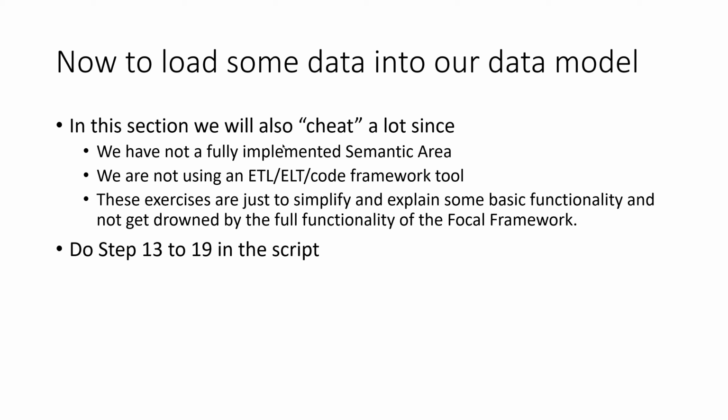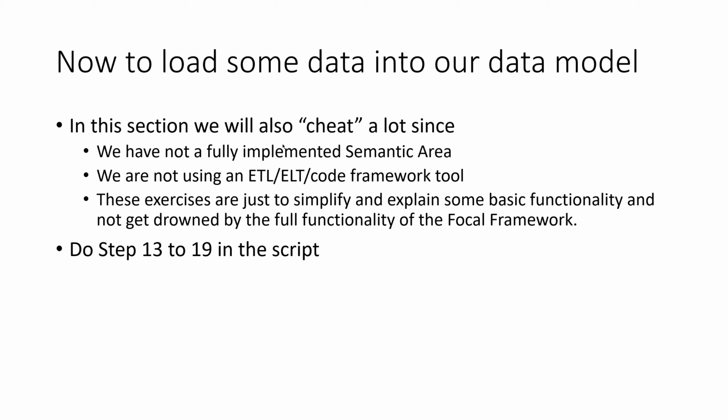Now, you remember we created the attribute focal, and now we have added a lot of information into the attribute focal. We have added the attribute semantic model, and then we use that semantic model to also add business attributes from the business model. And now we're going to use those business attributes to load our physical loan model.